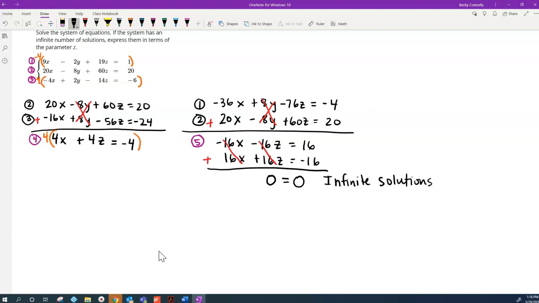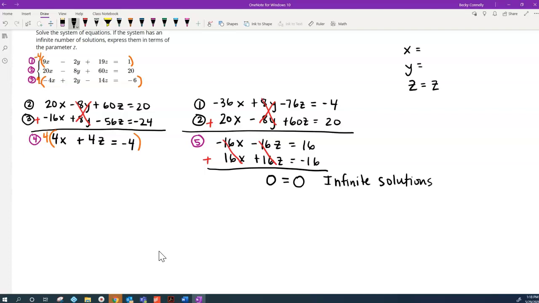And so that means that when we first started off here, our z's completely eliminated out. So let me write the answers up here. So I know that z equals z. All right, and so that's going to be one of my answers that I have there. But I also need to figure out what x equals and what y equals.